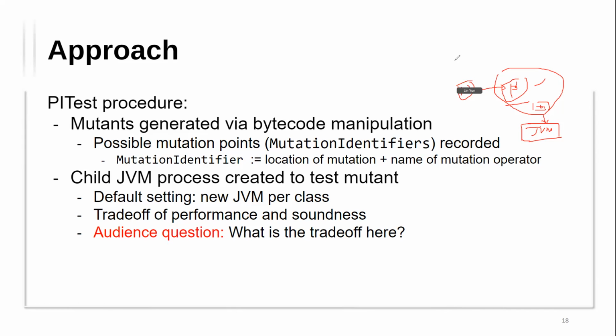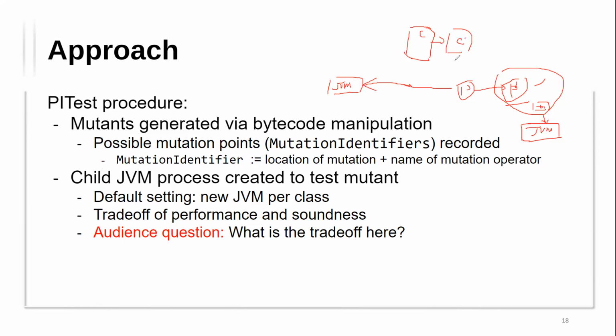Maybe a more convenient way is that when we have a JVM, suppose we loaded the program P into the JVM, and we load it at runtime. Suppose we are mutating class C, and we are testing C, and we use an implementation to mutate C into C prime, right?